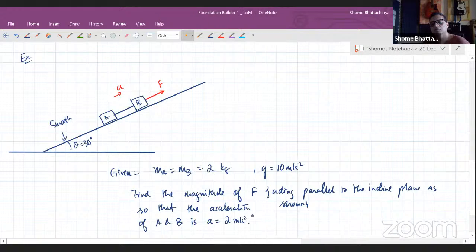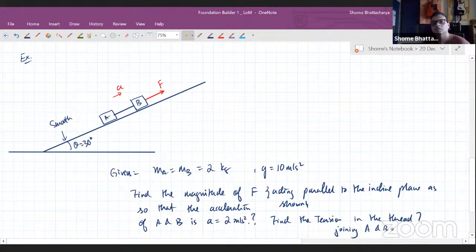So how much force should I be applying so that this happens, and also find the tension in the thread which is joining the blocks A and B. So again, same situation, make the free body diagrams of blocks A and B and work out this thing.